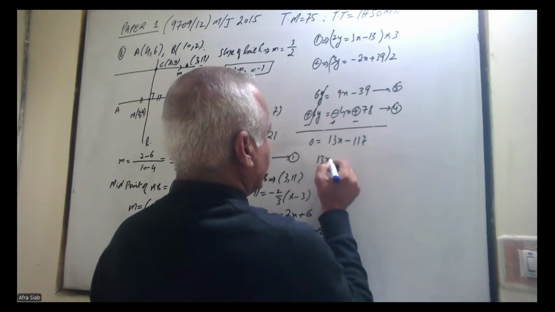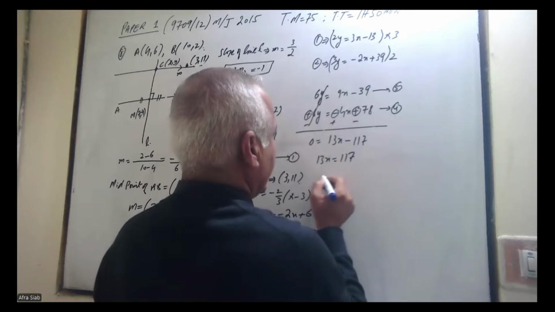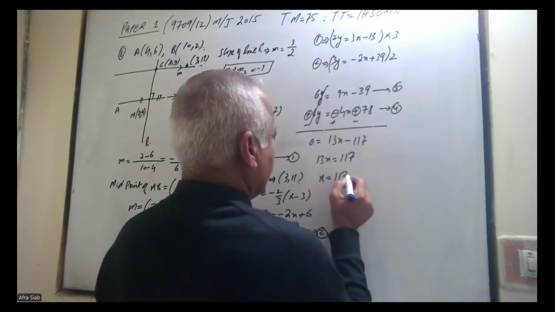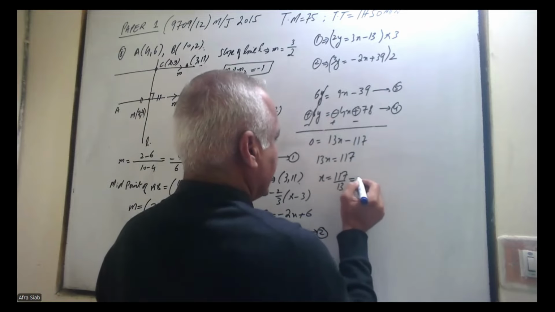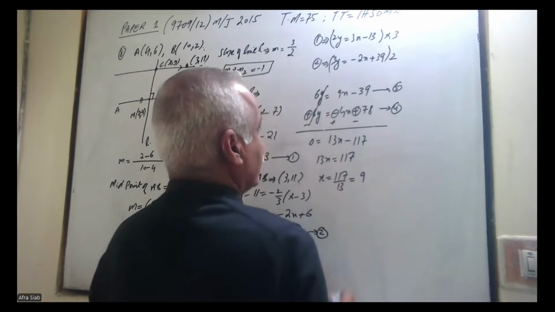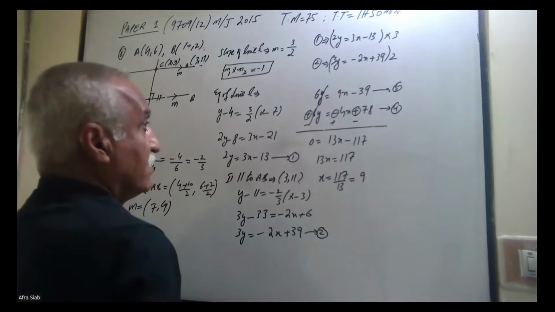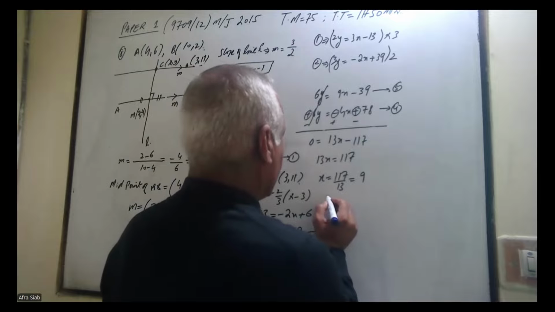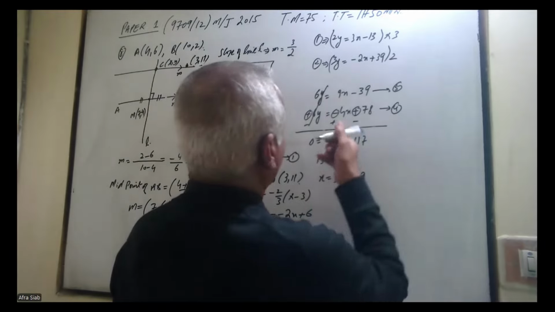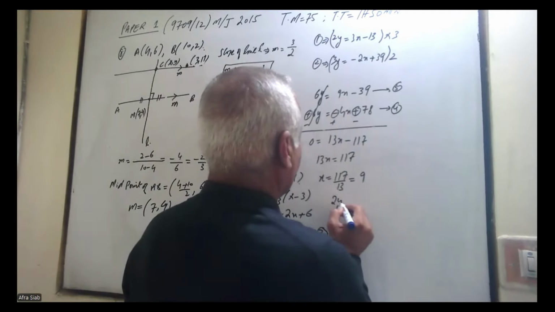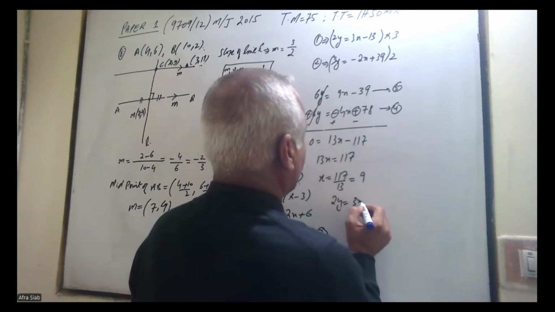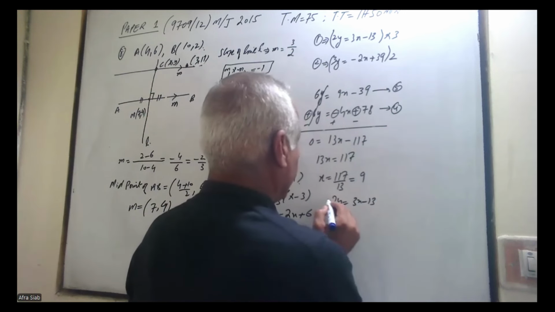So 13x equals 117, and x equals 117 over 13, which is 9. For the y value, we can put x into either equation: 2y equals 3x minus 13.